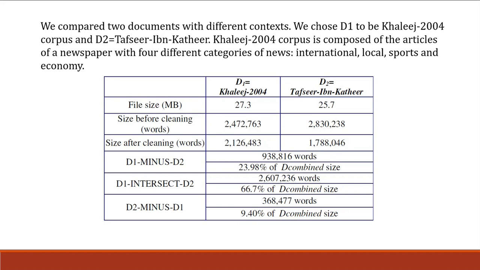The third test case compares two documents with completely different contexts. The first one is the Khaleej 2004 corpus, and the second is the Tafsir Ibn Kathir. These two are different in the sense that the first is composed of newspaper articles with four categories of news: international, local, sports, and economy. Here also the percentages are different than the previous test cases.